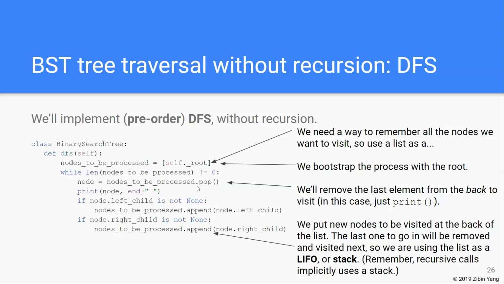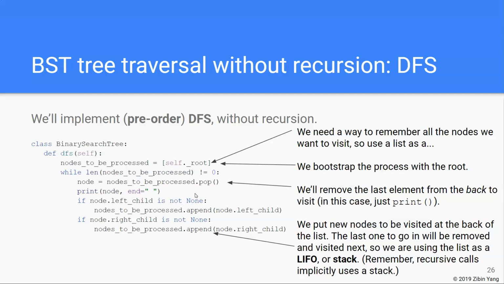And in DFS, well, or in this implementation, we will remove the last node from the list. So we use pop. And the processing or the visiting that we do is really just printing it. So not a whole lot going on here. Just put it on the screen so that we can see what we're doing, right?